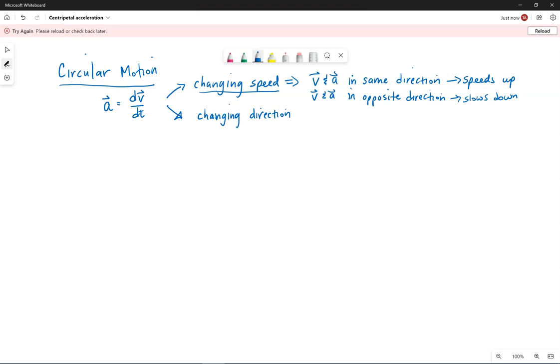To change an object's direction, for example, let's say we have something traveling, it has a velocity to the right on the screen here, and it's just traveling along. In order to get it to turn, there needs to be a force.